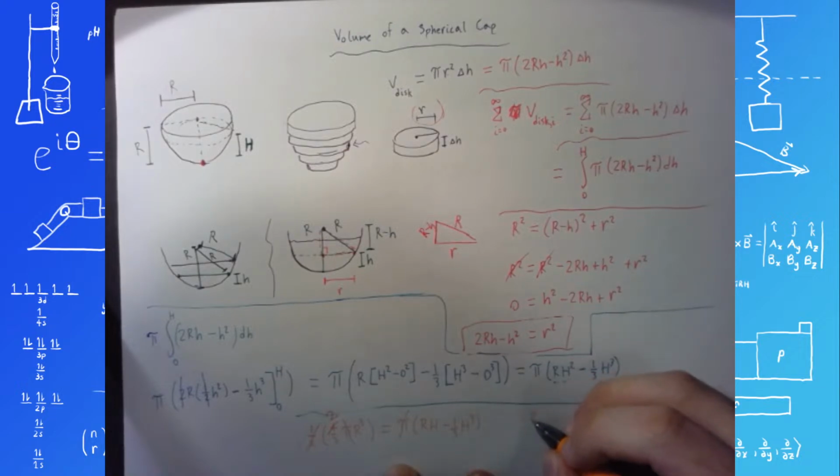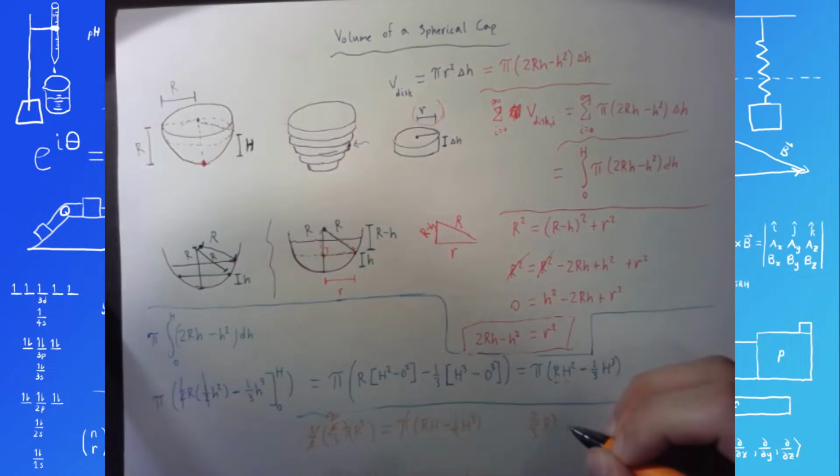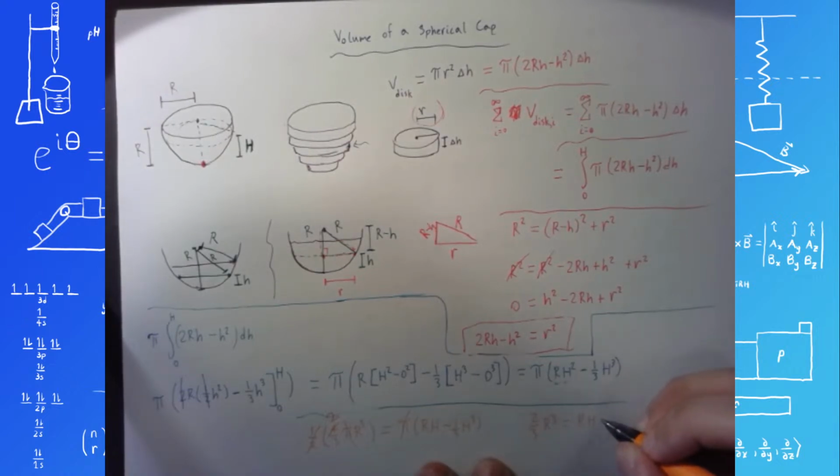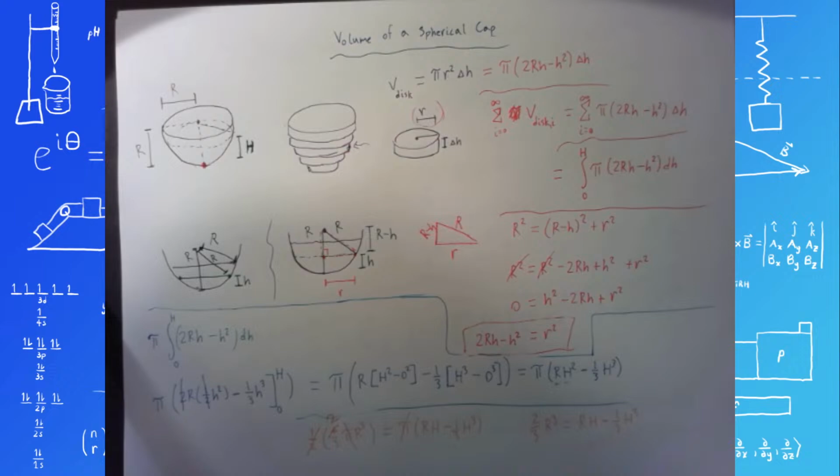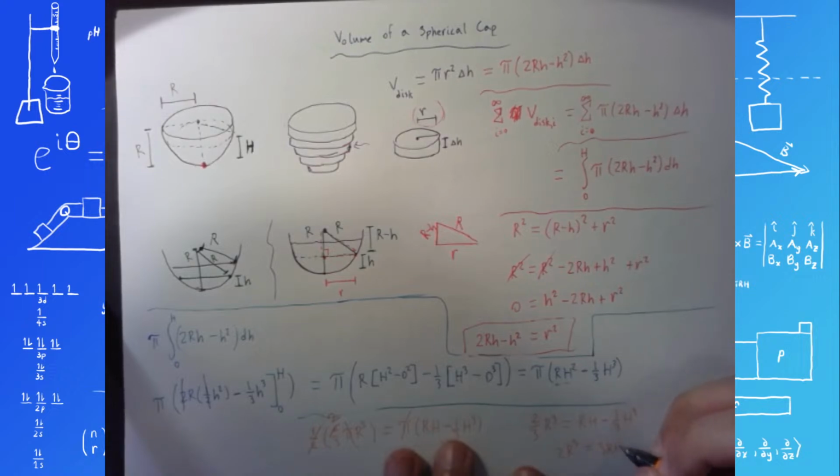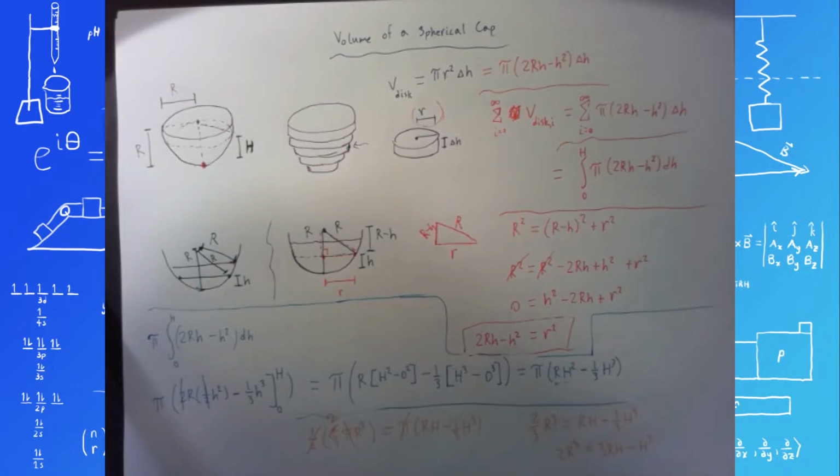So now I have 2/3 r cubed equals RH minus 1/3 h cubed. And if I multiply everything by 3, I get 2r cubed equals 3RH minus h cubed. Oh goodness, how do I solve this for h?